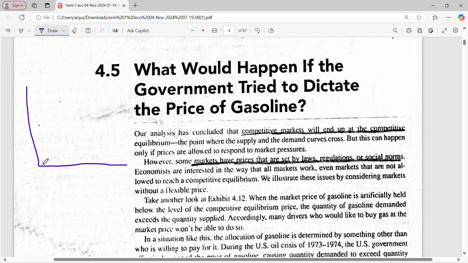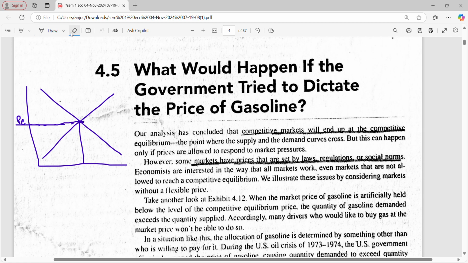Okay, so this is the demand, this is the supply, and the equilibrium price and quantity have to be... this is not X. Okay, so this has to be the equilibrium price and this has to be the equilibrium quantity.